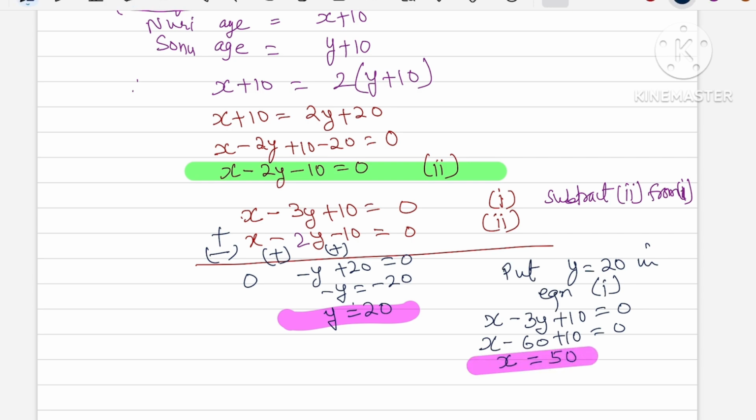So X is 50. So age of Nuri is 50 years, age of Sonu is 20 years.